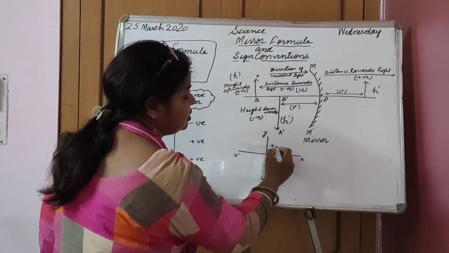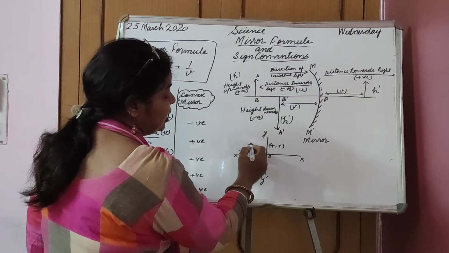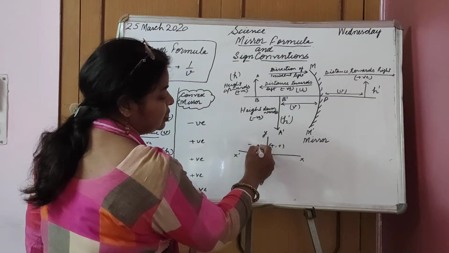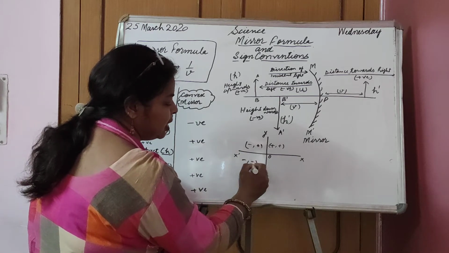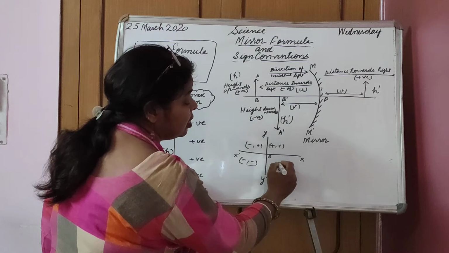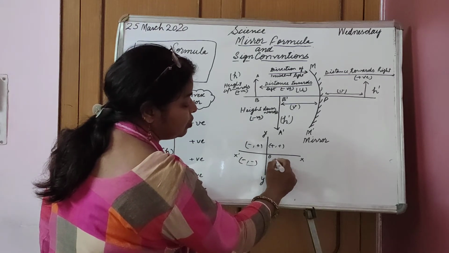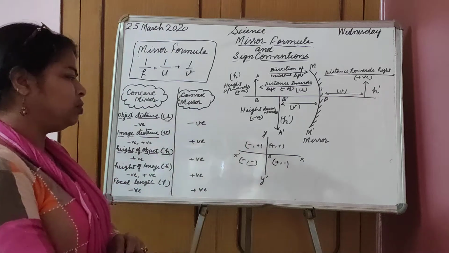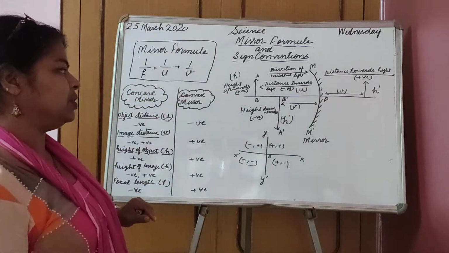It is plus, plus. In this, minus for x and plus for y. In this quadrant, minus, minus for both. And in this quadrant, we write plus for x coordinates and minus for y coordinates. So keep this in mind, and then we are going to discuss the sign conventions.